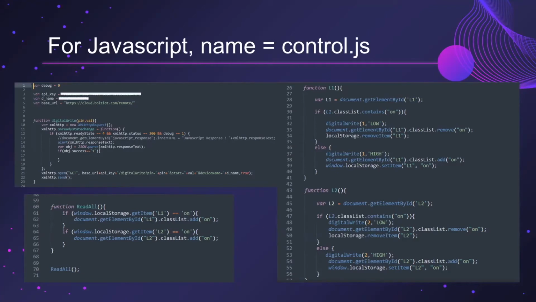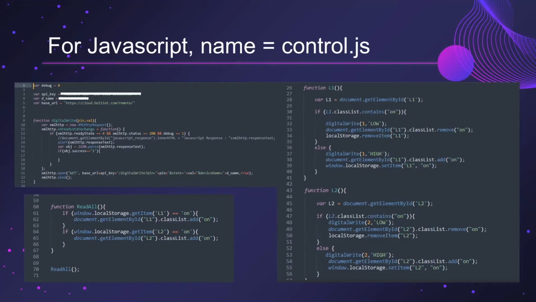Using this function, using setItem and using removeItem, I'm controlling my buttons, so that even if I refresh it, on the left hand side bottom you see readAll, right? And below that you see a readAll function being called. This is the first function that is run when you refresh your browser.